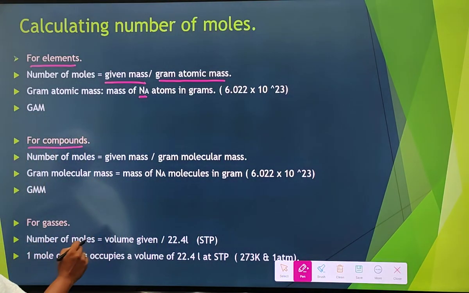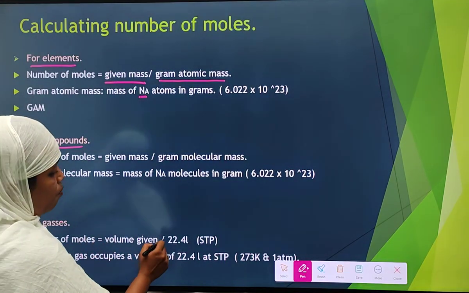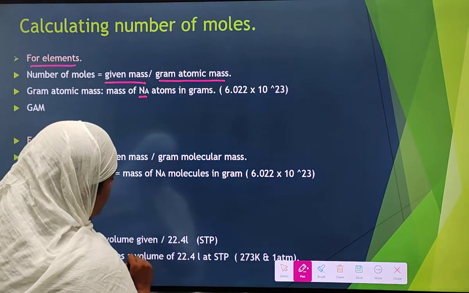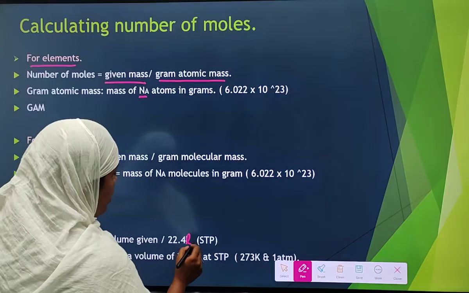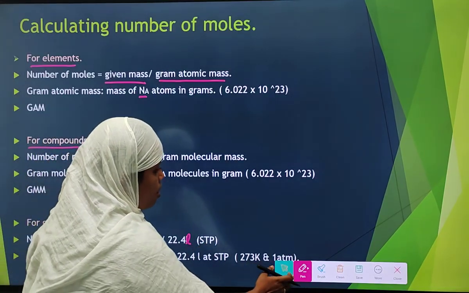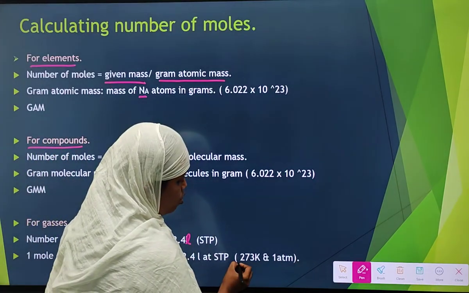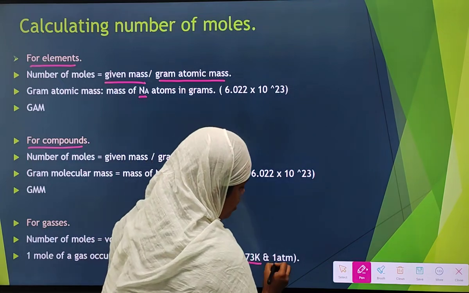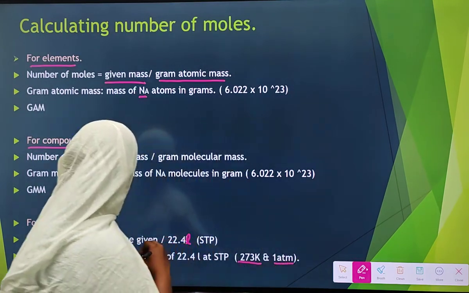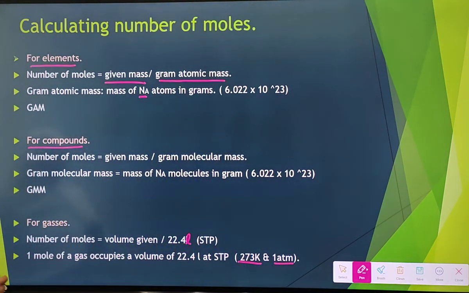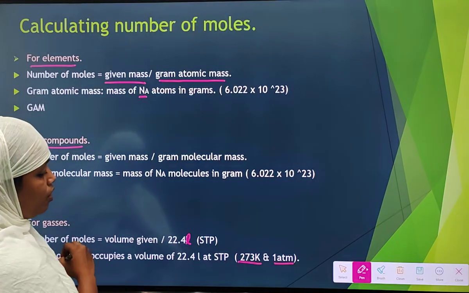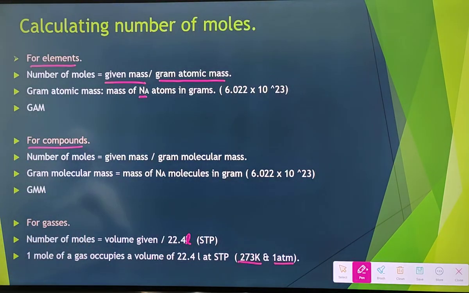For gases, the number of moles is the given volume upon 22.4 liters. This is in liters at standard temperature and pressure, where the standard temperature is 273 Kelvin and pressure is 1 atmosphere. One mole of the gas occupies a volume of 22.4 liters at standard temperature and pressure.